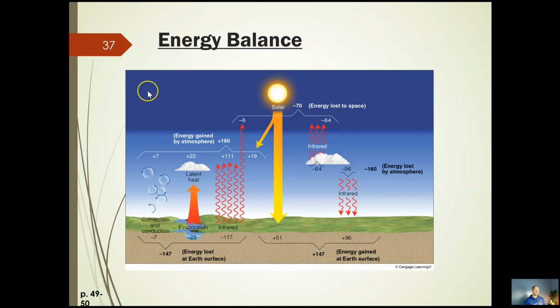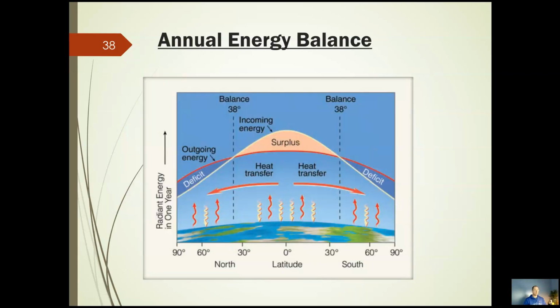Understand that as it comes in, it can simply be captured by Earth, it may be transmitted through, but it may be actually scattered away, it could be reflected away, and so on and so forth. Understand that as it leaves the Earth, we can have the atmosphere send some back down, or we can have it send it back out towards outer space. And so there's a lot going on here. As long as you understand the overall topics, you will be just fine.